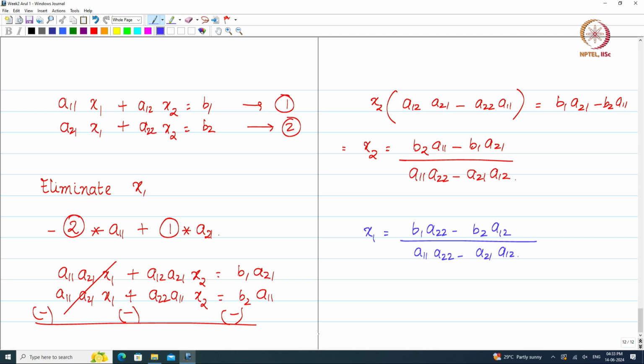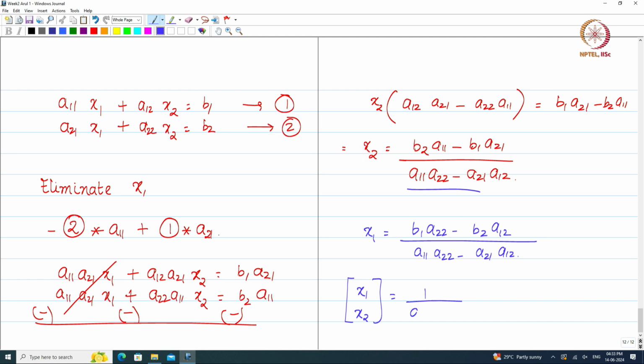Now, we have got the values of the unknowns, but how are we going to say where the inverse system and all those things are? So, let us just look at this. I am going to have x1 x2. I think the denominator, if you see clearly, is the same.